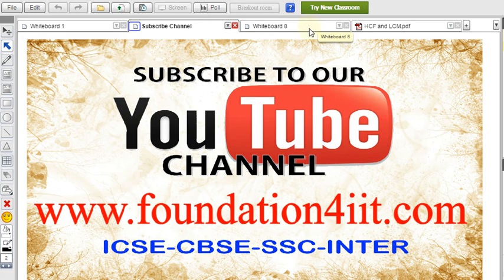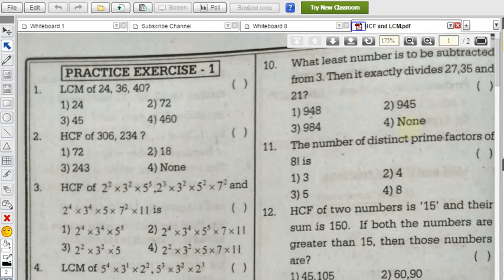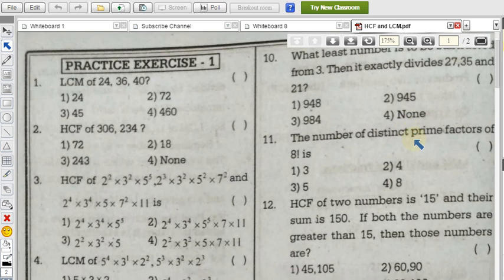After seeing this theory part you can do the sums yourself. Let us see some sample questions. LCM of 24, 36 and 40. You can do any method, division method or factorization method. HCF of 306 and 234. Similar sums, right, which I explained.